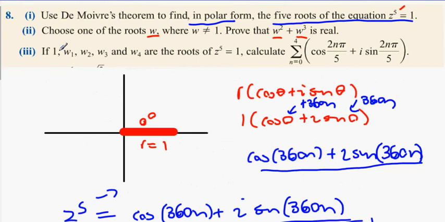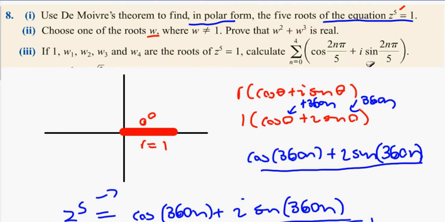Now, if 1, w1, w2, w3, w4 are the roots of z to the power 5 equals 1, calculate the sum of cos 2m pi over 5 plus i sin 2m pi over 5.